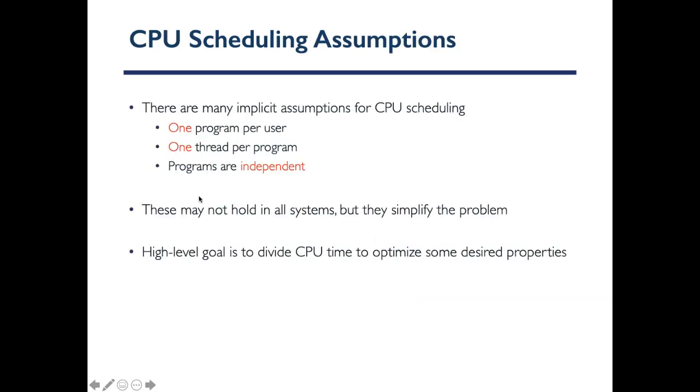Okay. So there are certain assumptions that we're going to make going forward in this lecture. We're going to assume that each user of our system, if you have a multi-user system, is running one program or one process, and that each process has one thread.